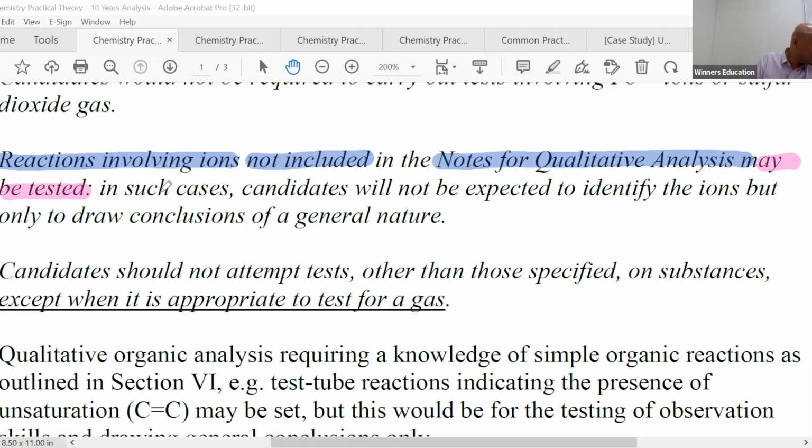In your school, you should have done a few rounds of this already. And in such cases, candidates will not be expected to identify the ions because there is no color change or whatever to identify.